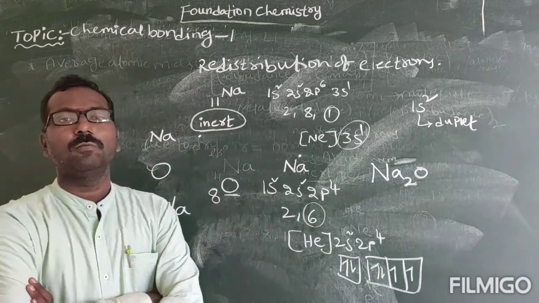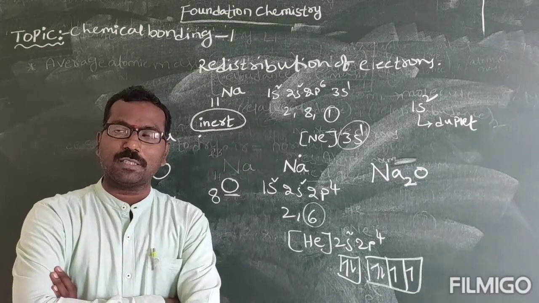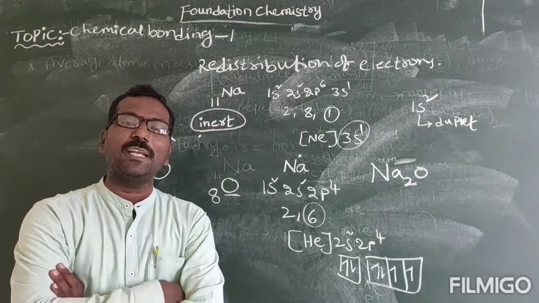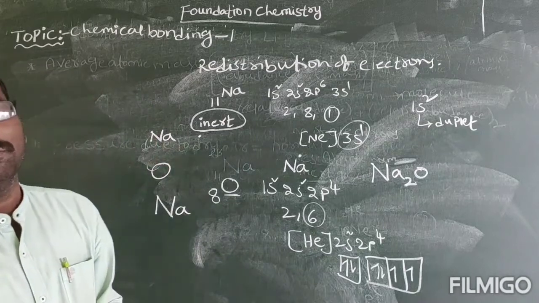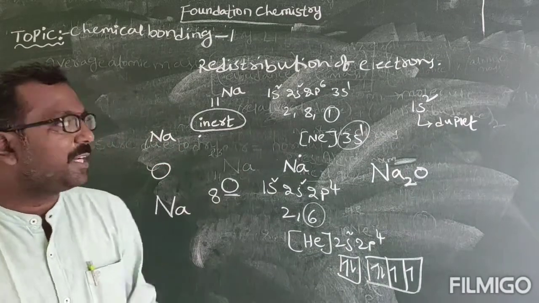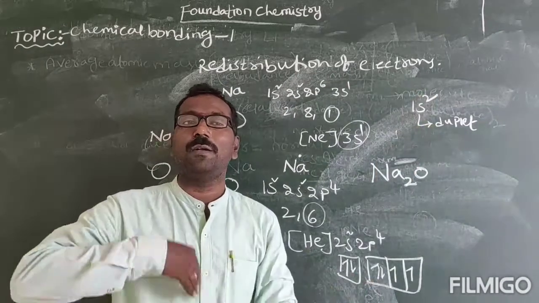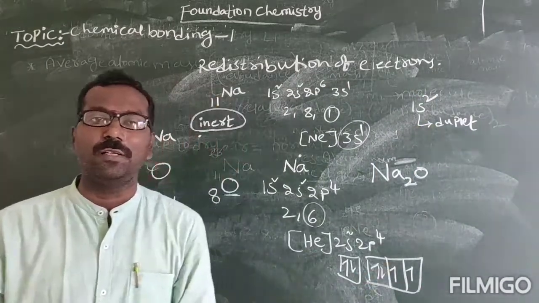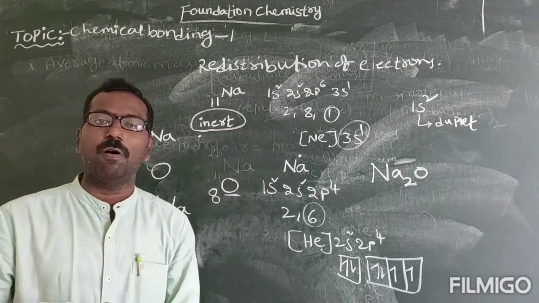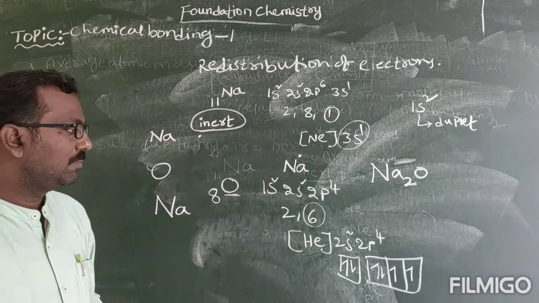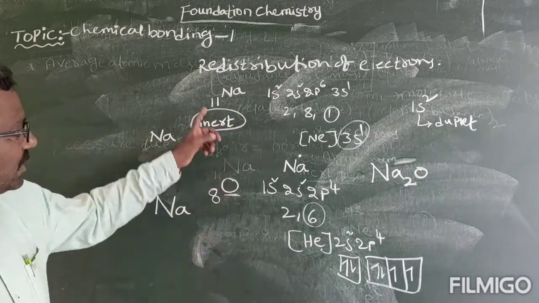So in chemical bonding, the major concept is that any atom tries to attain stability by redistribution of electrons. Electrons may be transferred or shared. Depending upon that, the bonds are named.